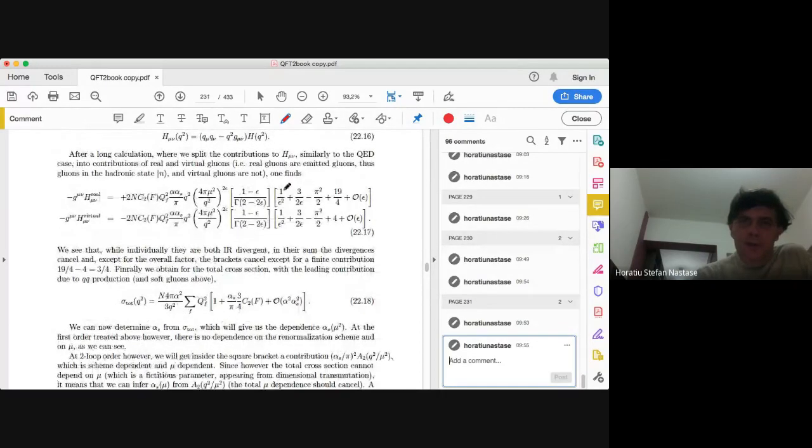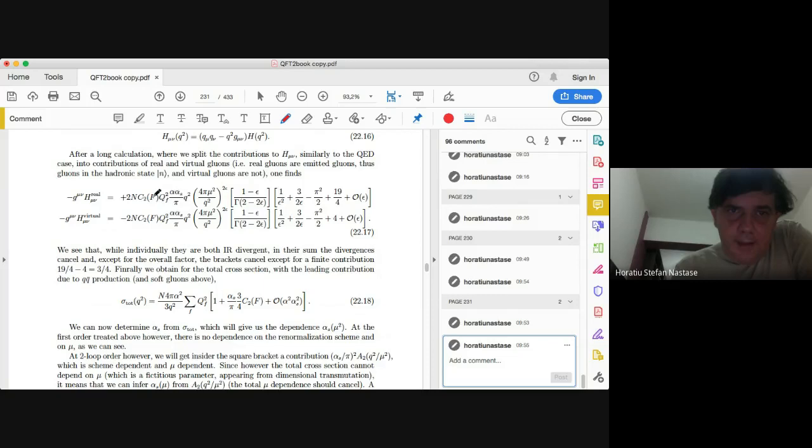So the result at one loop for H is 1 over epsilon squared. As I said, for gluons the most divergent part is 1 over epsilon to the 2L, with L the number of loops. So I have this combination: 1 over epsilon squared, some 1 over epsilon, and some finite part.